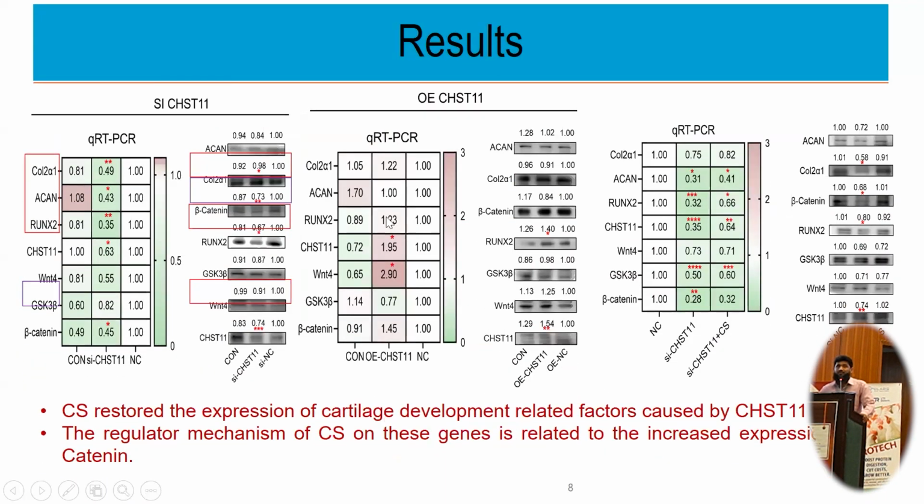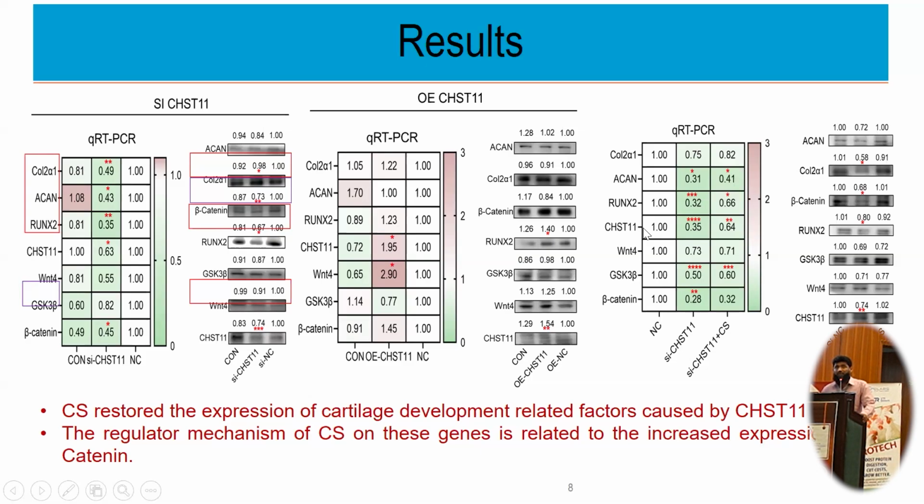This is again RT-qPCR and Western blotting techniques applied in different cell culture groups. The knockdown group indicates the expression of other related genes in the pathway, the Wnt and beta-catenin pathway.